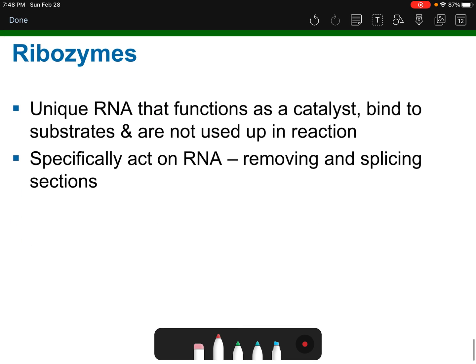And then we have ribozymes. Those are unique RNA that function as a catalyst that bind to substrates. They're not used up in reactions, and they specifically act on RNA.